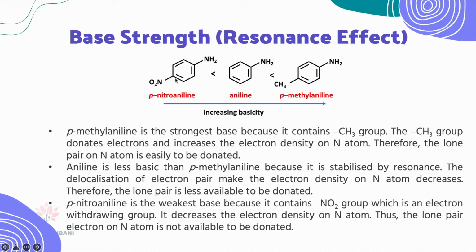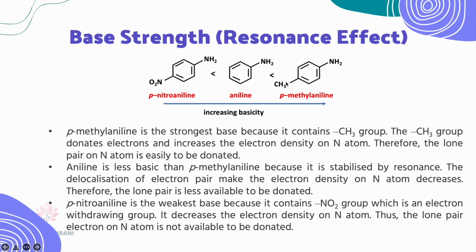If we have an example of three compounds, para-nitroaniline, aniline, para-methyl-aniline, in increasing basicity, the least basic is para-nitroaniline, followed by aniline and para-methyl-aniline. Para-methyl-aniline is the strongest base because it has CH3 attached to the benzene ring.